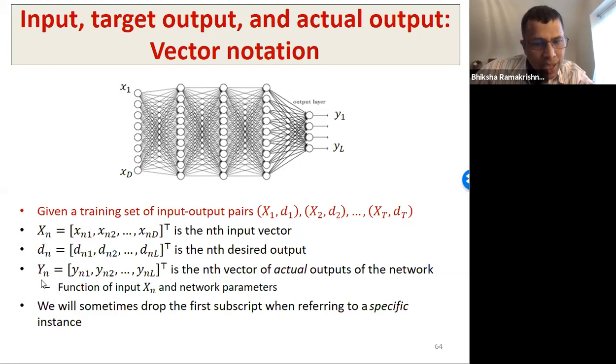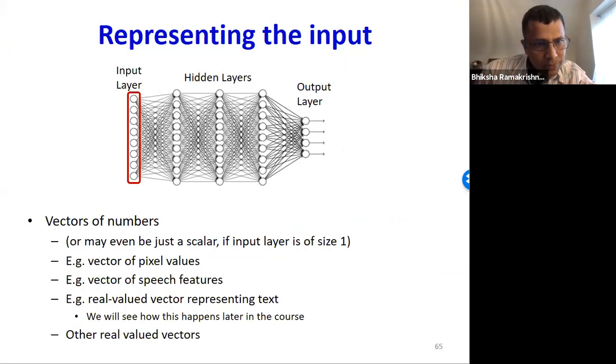So the desired output of the network is represented by D, and the actual output is represented by Y. Very often I won't show you the first index and only show you the component index, because we will be talking about individual inputs.